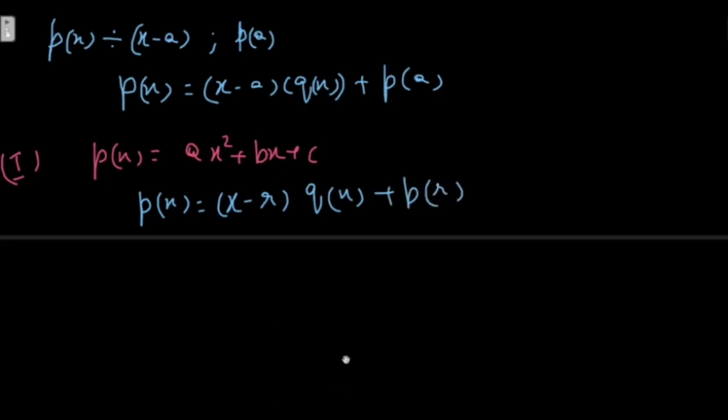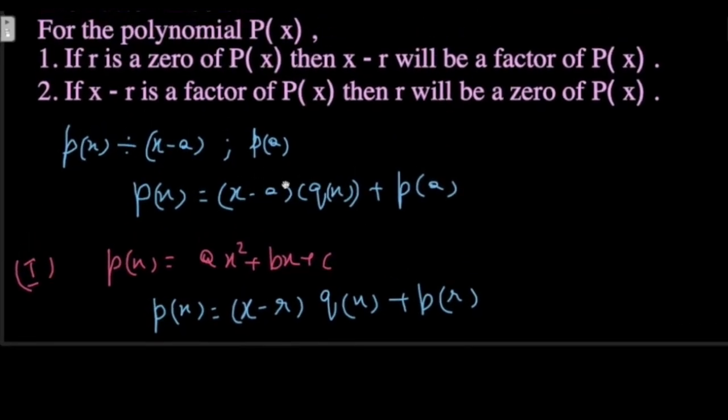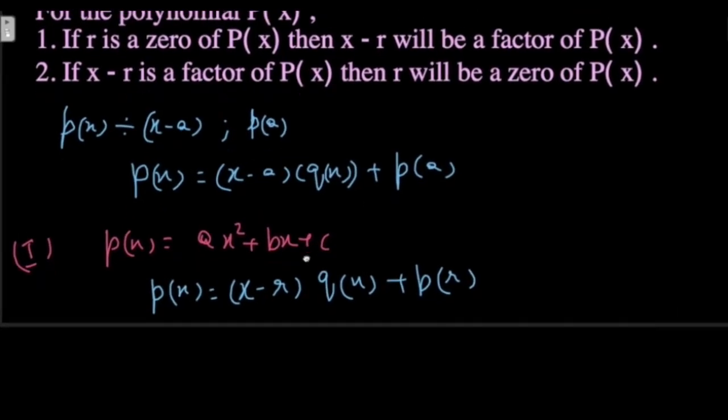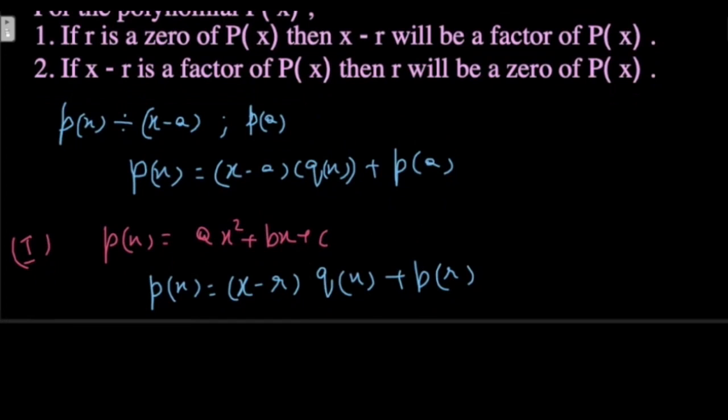What we are given is that r is 0 of p of x. When r is 0 of p of x, it means p of r is equal to 0. So when you put this value of p of r equal to 0 in, say, equation number 1, then what do you get?